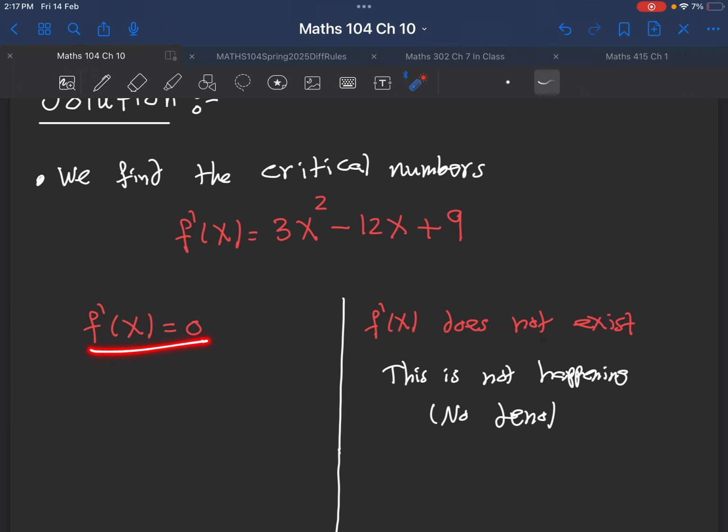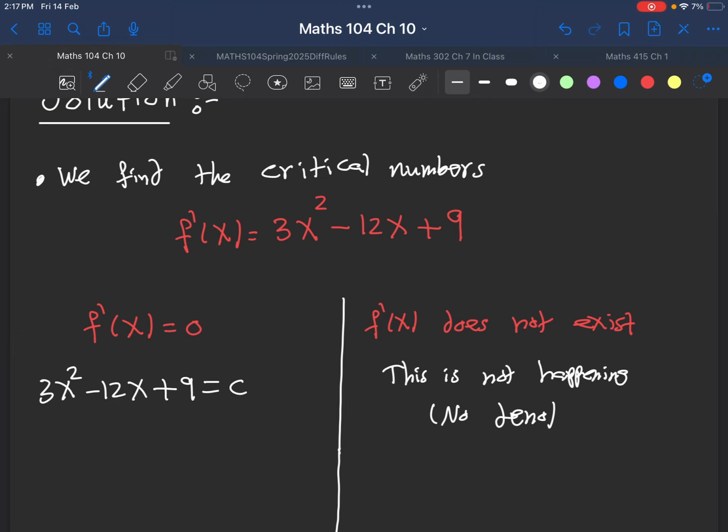Now, we need to look at two options for the derivative: either the derivative equals 0 or it does not exist. However, this is not happening, as you can see here, because there is no denominator, no problem with the function. So we never get this one. The only option we get is the derivative equal to 0.